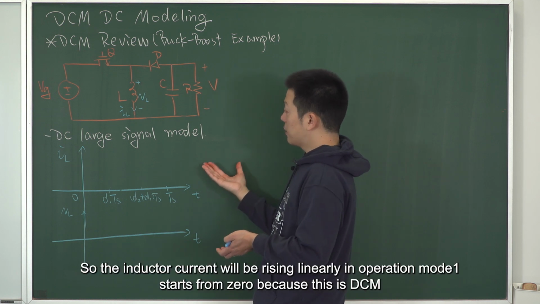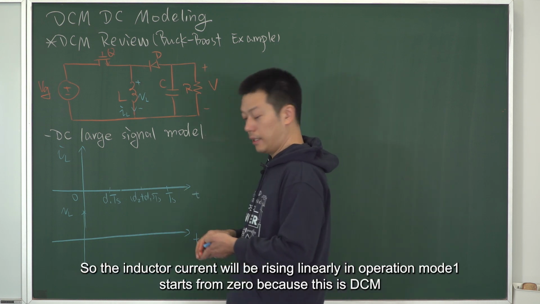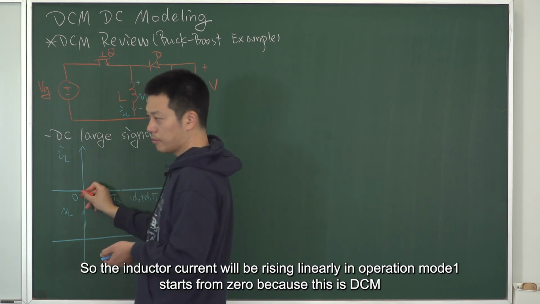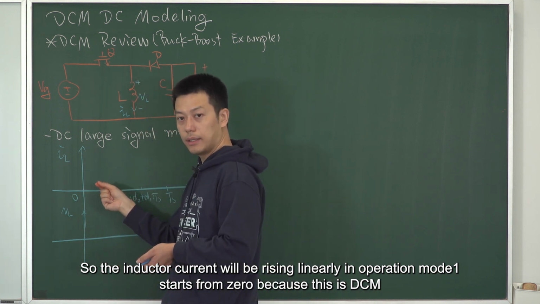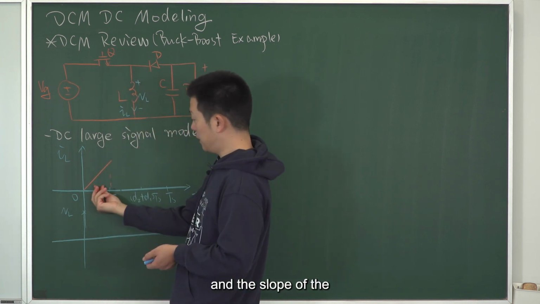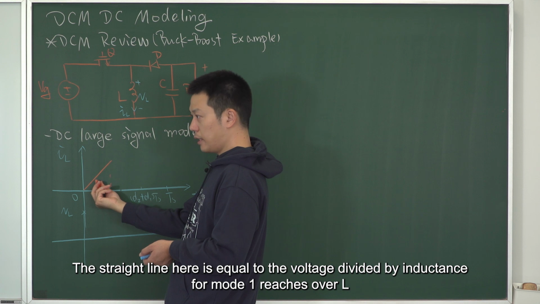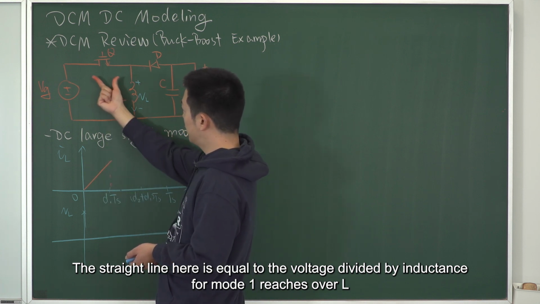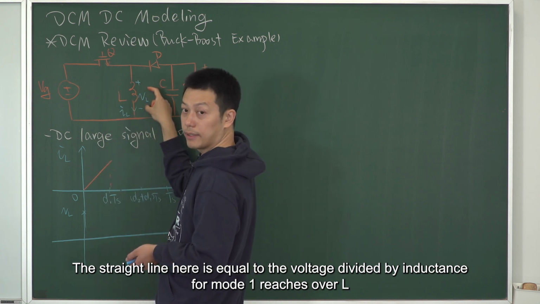The inductor current will be rising linearly in operation mode 1, starting from 0, because this is DCM. The slope of the straight line here is equal to the voltage divided by inductance.